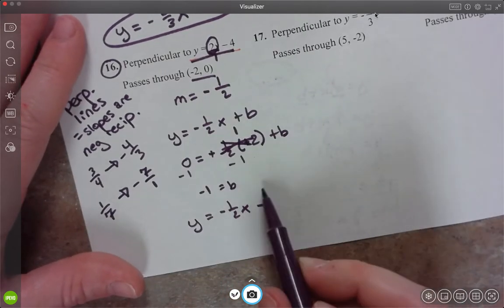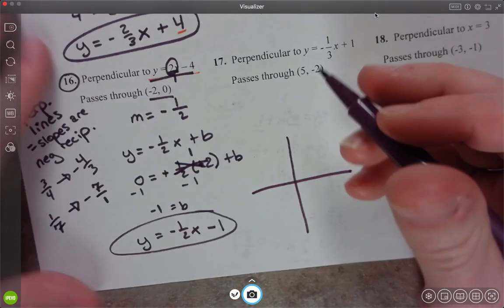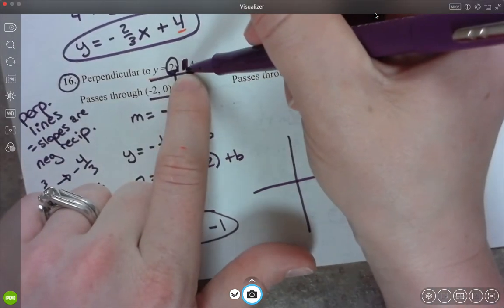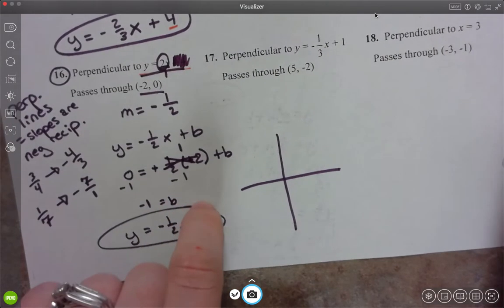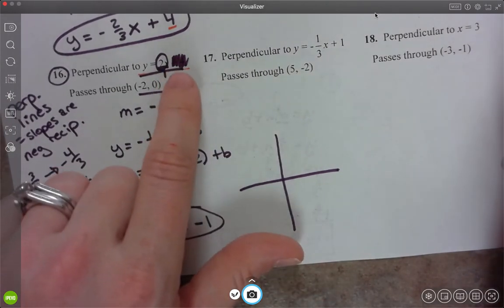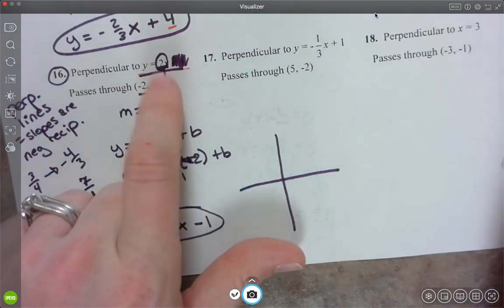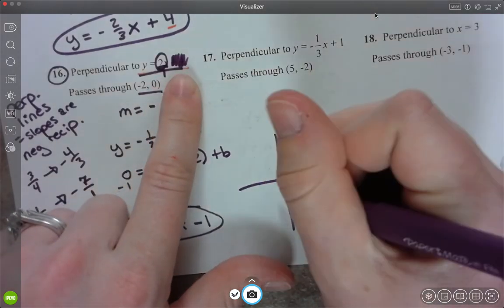Okay? If I graph those, let's start with the original. The original was, again, if you want to cross out that negative 4, because we never use it to find the equation of our perpendicular line, make sure that when they're asking for parallel or perpendicular, you're only ever looking at the slope. Okay? So this one, if we graph it, it starts at negative 4.